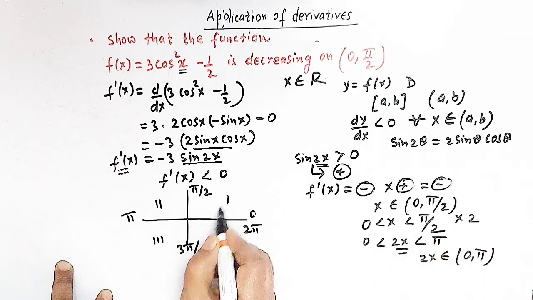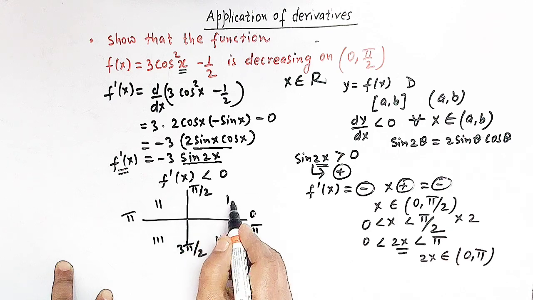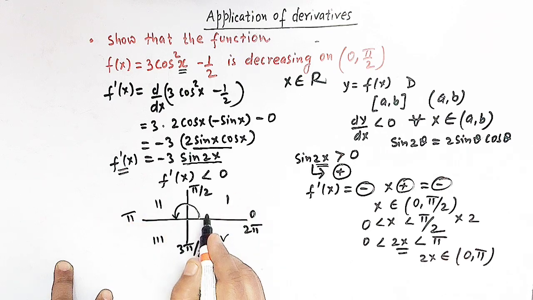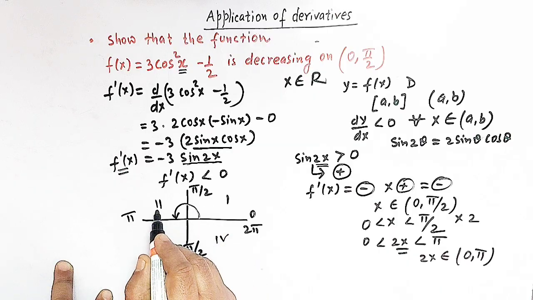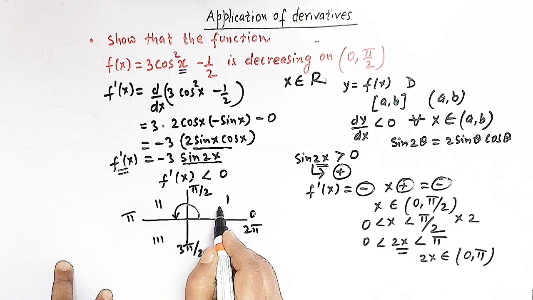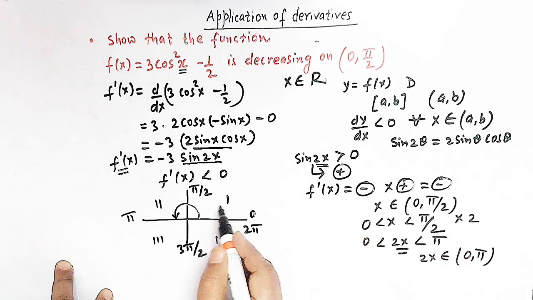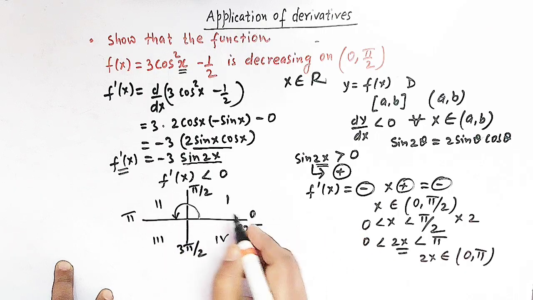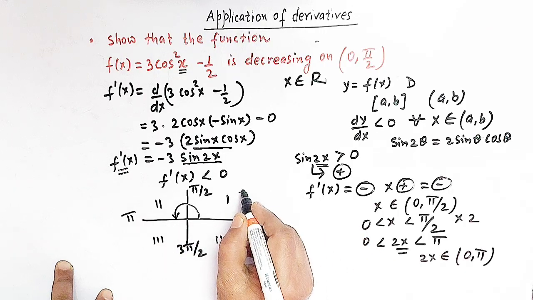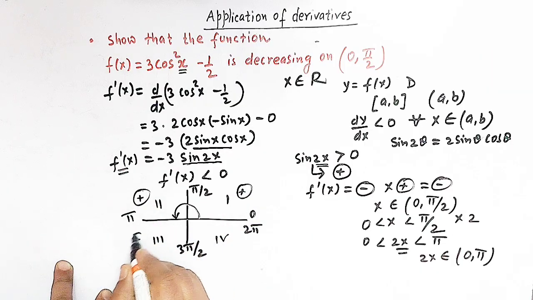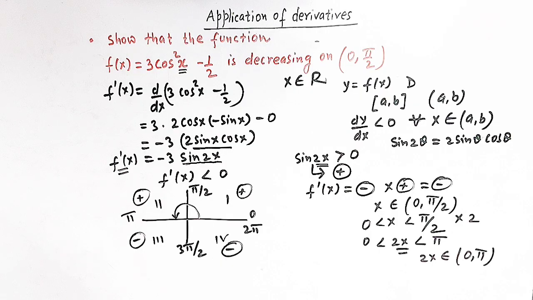So we have to consider only the first quadrant and the second quadrant. From the sign convention of sine function in the four quadrants, we know that sine function is positive in the first and second quadrants, and it is negative in the third and fourth quadrants.